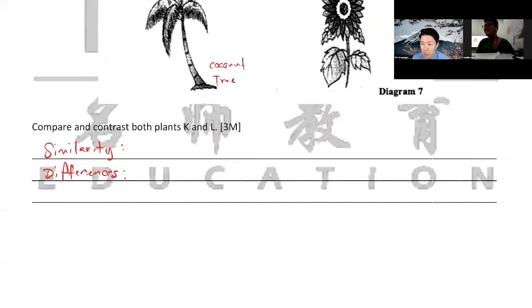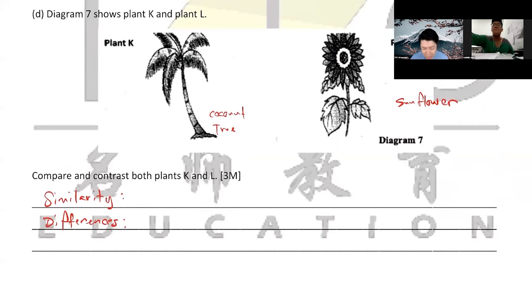Okay, now what's the similarity between plant K and plant L? First of all, do you know what category they belong to? Now, when we talk about plants, first thing first, you close your eyes and you think plant, there are 2 types, flowering and non-flowering.